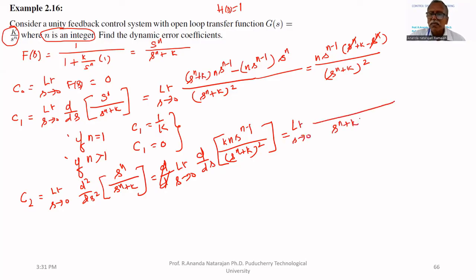If we differentiate the numerator, it becomes k n (n minus 1) s power n minus 2.